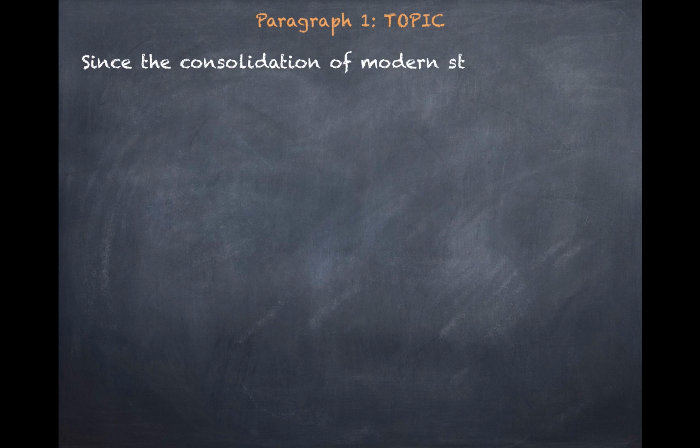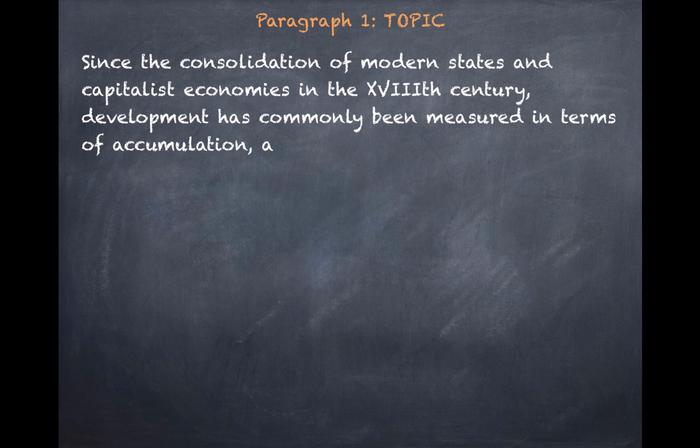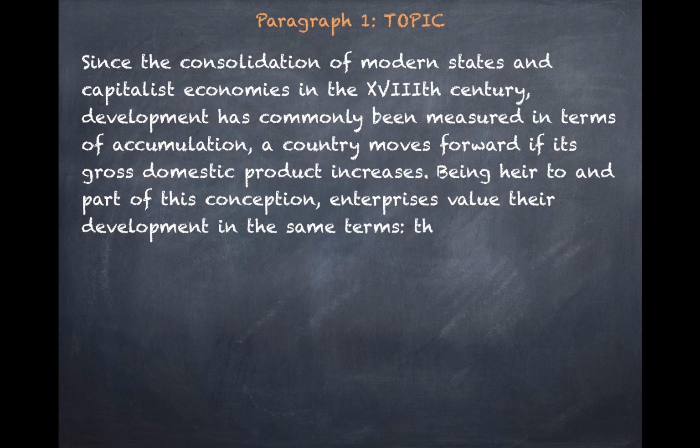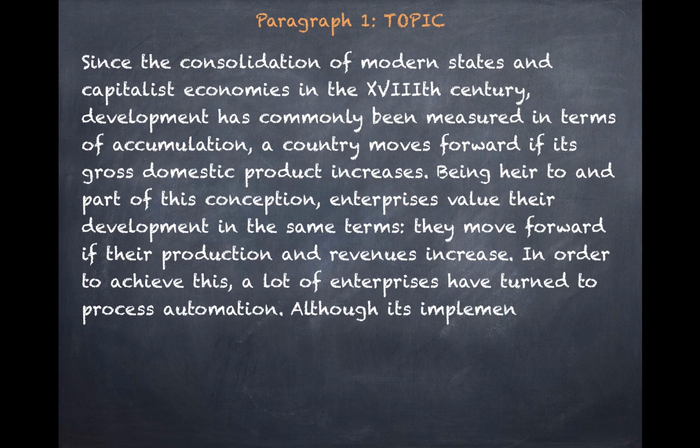Since the consolidation of modern states and capitalist economies in the 18th century, development has commonly been measured in terms of accumulation. A country moves forward if its gross domestic product increases. Being part of this conception, enterprises value their development in the same terms.